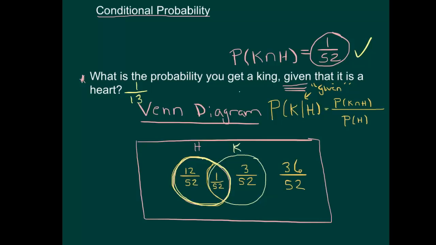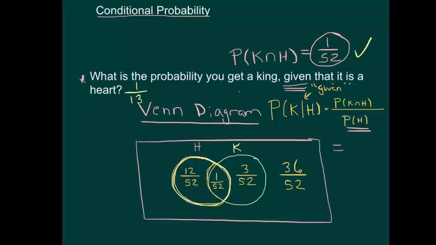Okay, so this denominator is now the probability of getting a heart because we know that happened. The top is the probability of getting the king of hearts, the king and a heart. So this is a little different than the way we just thought about it in our thought experiment, because now we're using probabilities to compute, not our sense of the amount of hearts in the deck. But this will work. Okay, so watch what happens.